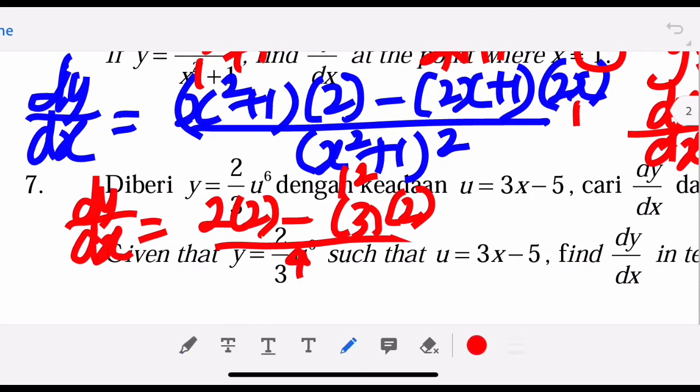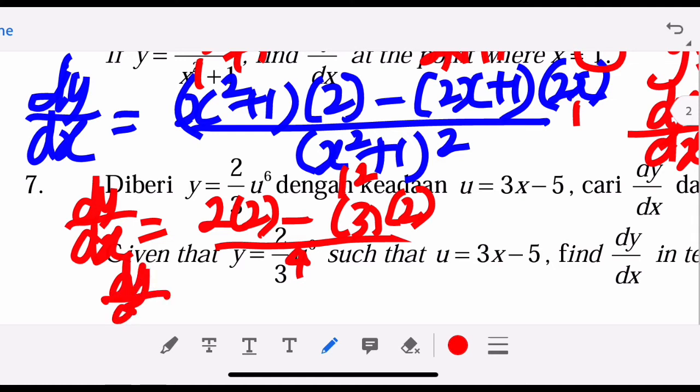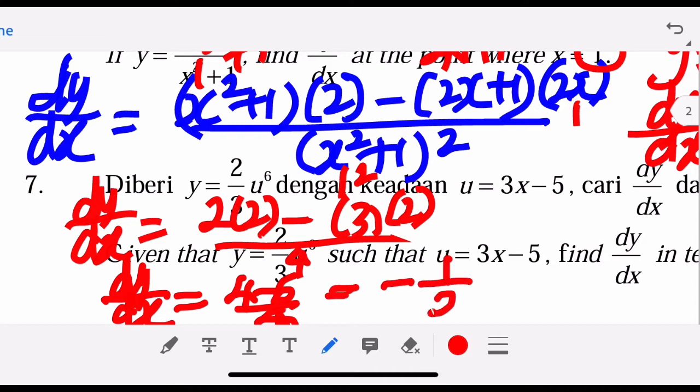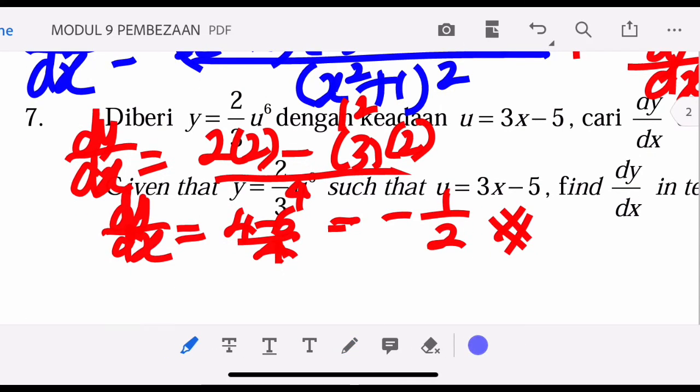So finally, our dy/dx is actually 4 minus 6 over 4, which is negative half. This is the answer for the quotient rule.